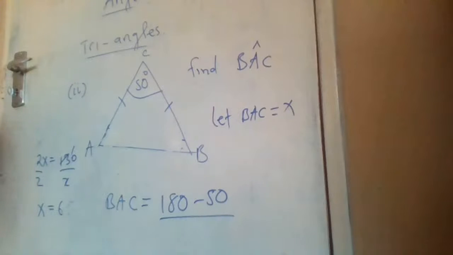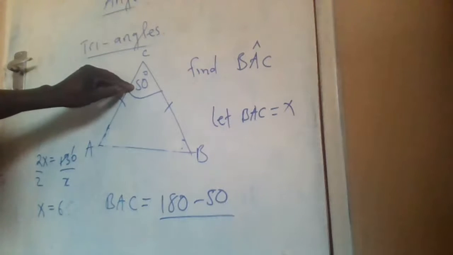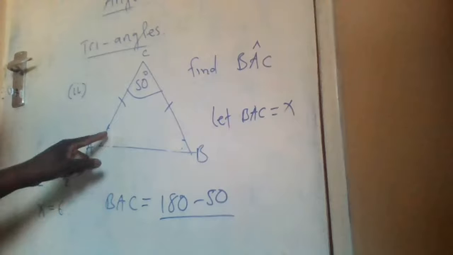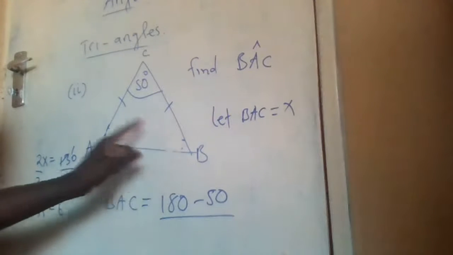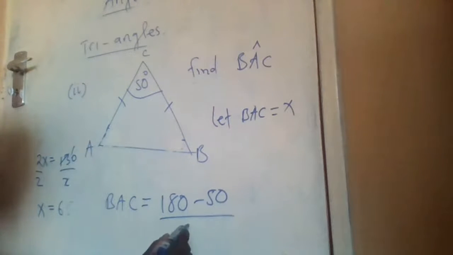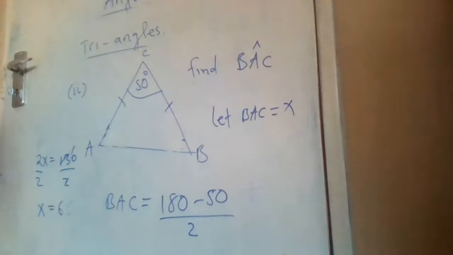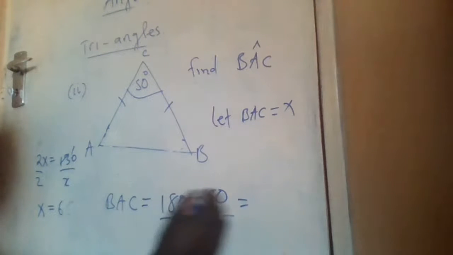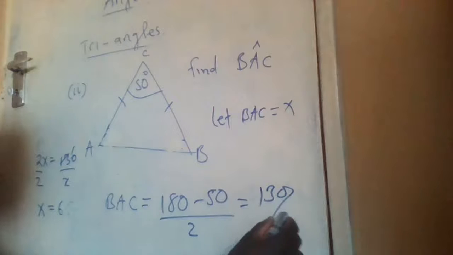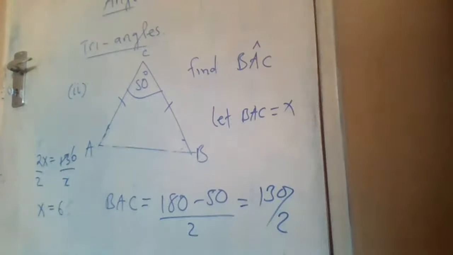What remains is for this angle and that angle, but because they are the same, you just divide by 2. When you subtract that, you have 130, and 130 divided by 2 gives you 65.